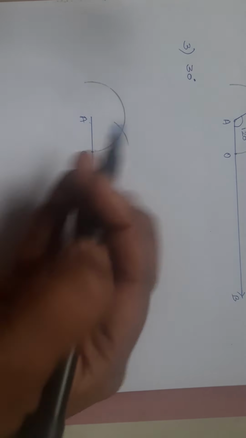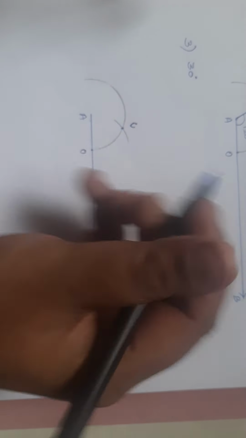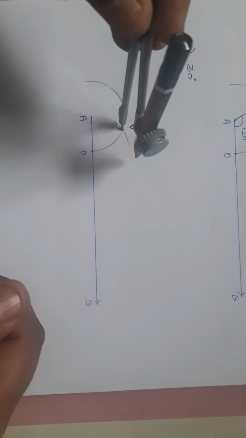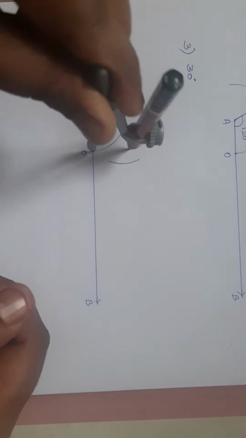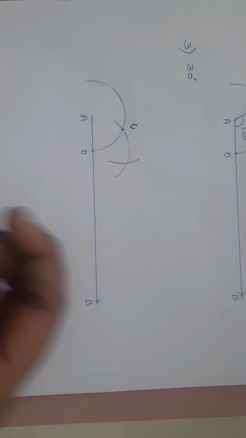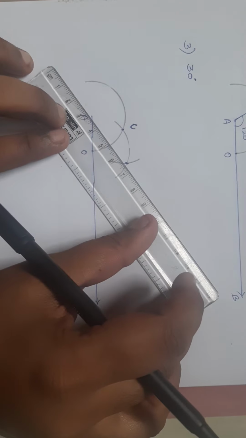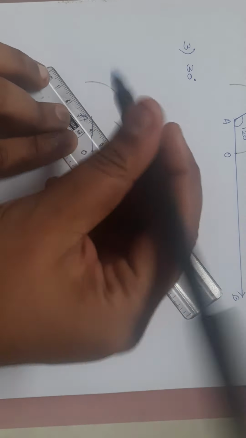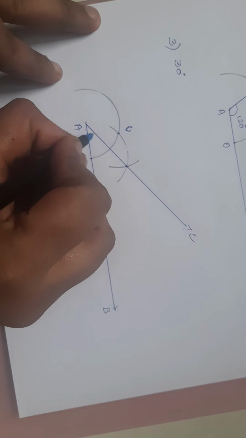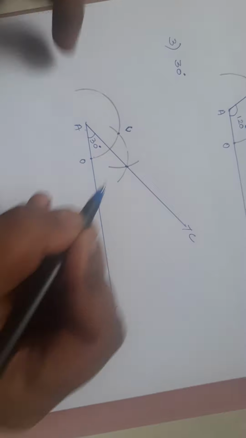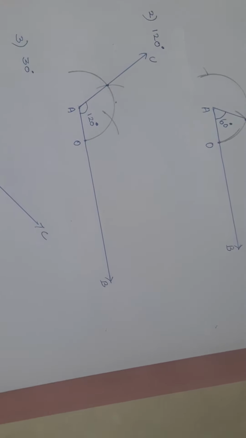So this point is enough. Name this point C. Keep the needle at C point, draw one arc, and keep the needle at O point, draw one arc. So you will get this intersection point. Join this point. The angle is 30 degree. So these are the 60 degree, 120 degree and 30 degree.